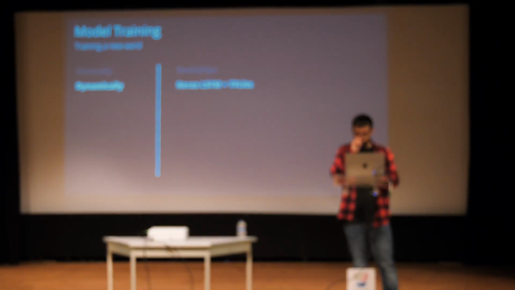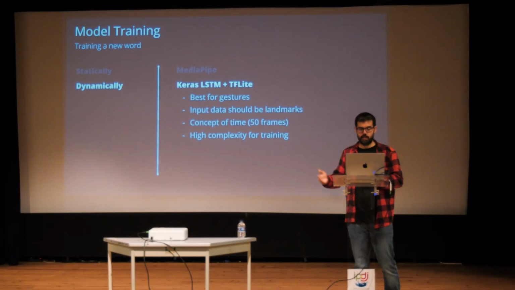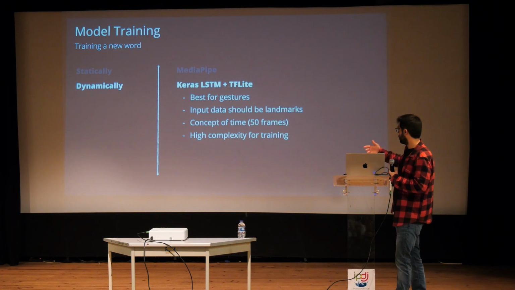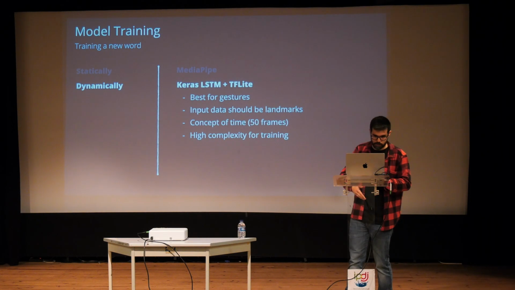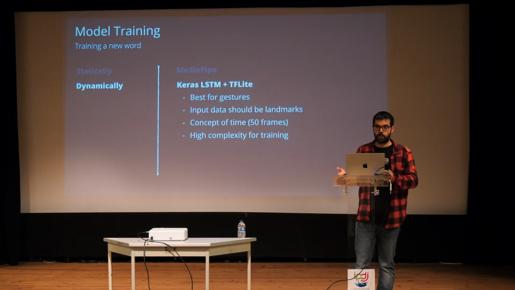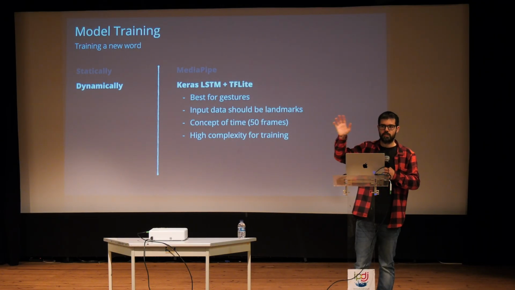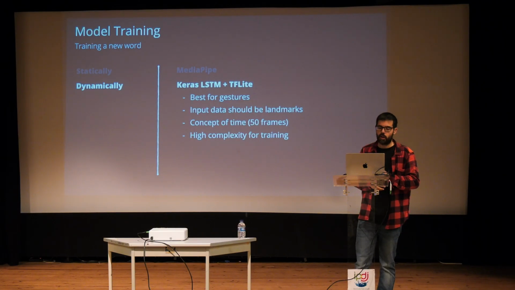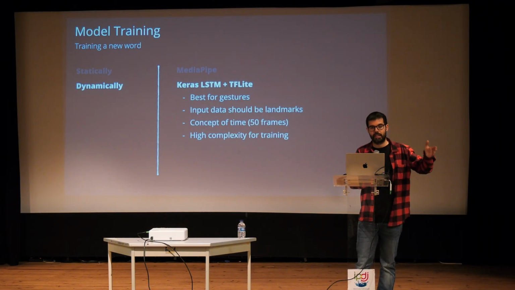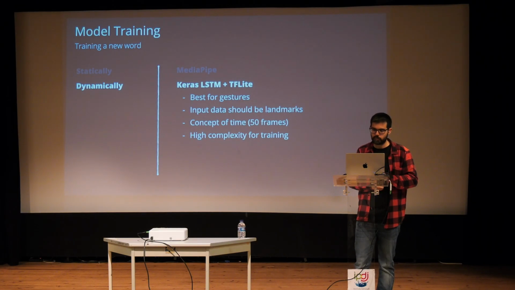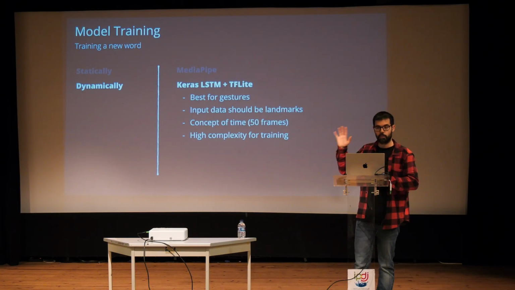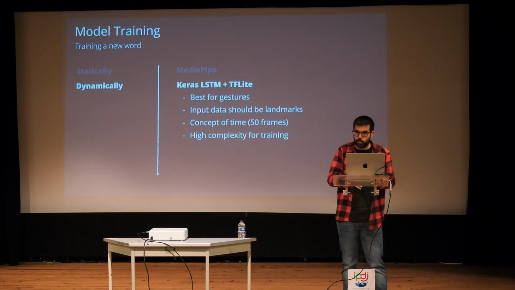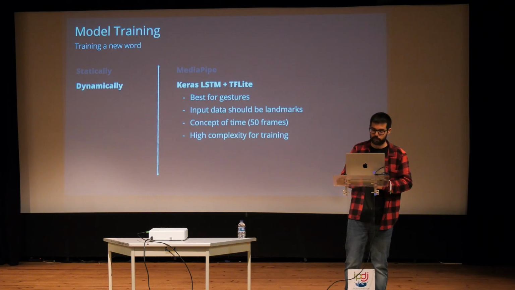For dynamic things, the best approach that we have is LSTM, which means long short-term memory, and TensorFlow Lite, so it can run on a mobile device. This is ideal for gestures because it can track, for instance, if I'm doing this, it's going to take 1.5 seconds, and it's going to have in memory the landmarks for 1.5 seconds. In this case, the input should be landmarks, so the 21 points that you saw on your hand are going to be the information that you send to train your model.